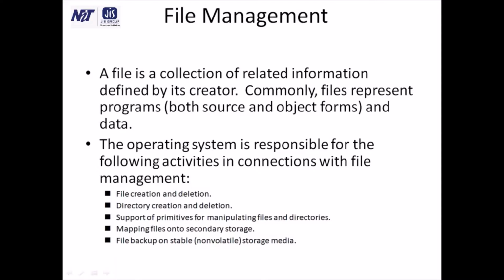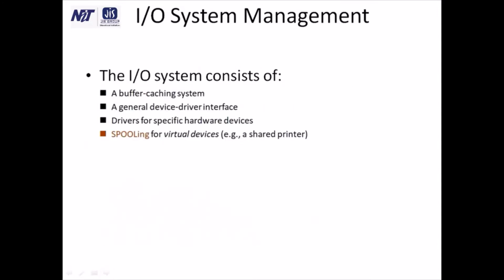And in the file management system, a file is a collection of related information defined by its creator. Commonly, files represent programs, both source files and object files. The operating system is responsible for the following activities: file creation, file deletion, creating a directory and deleting a directory, support of primitives for manipulating files and directories, mapping files onto secondary storage, file backup on stable storage media.